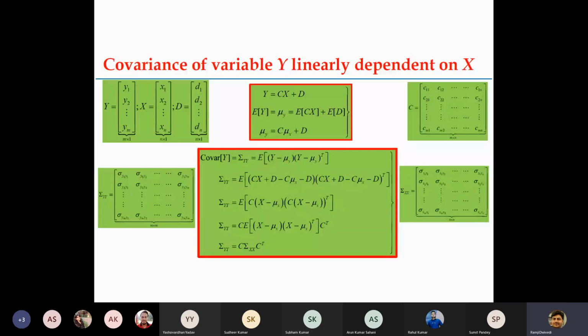I would like to see your copies also, how you are doing it, because ultimately, if you know the derivation, you do not need to remember anything. If you know the derivation, if you know how to represent the different matrices, different content. Okay, so gradually we are moving towards matrix representation of all those variables which you have read only as single variables or multiple variables.